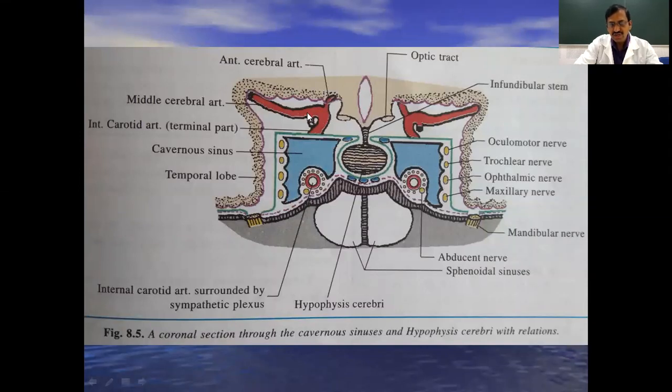Suppose you take a cerebral arteriogram or angiogram, and you find widening of the carotid siphon, that indicates there is some tumor related with the hypophysis cerebri, compressing this carotid siphon. That is another important clinical point. Next, here you see the internal carotid artery within the cavernous sinus is very closely related with the base of the skull.